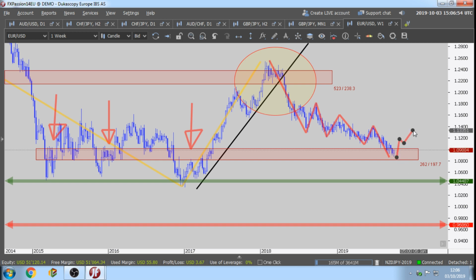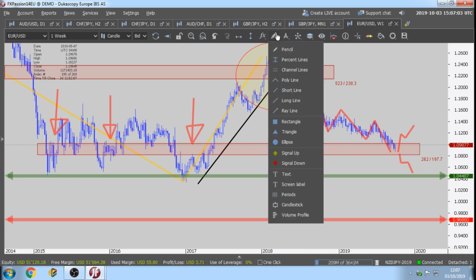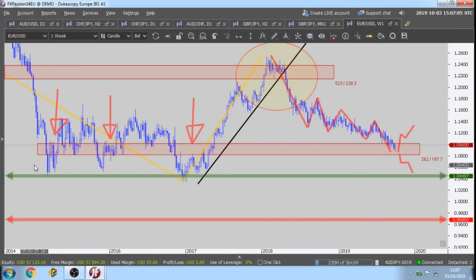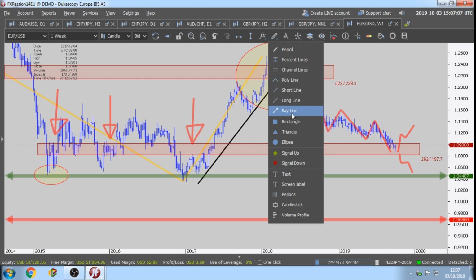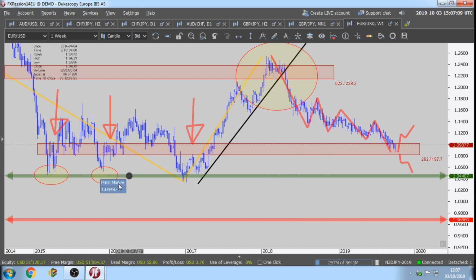So the market can go up, right? Tomorrow the market is going to go up, or the market is going to fall. If it's going to fall, be careful down here. This is strong support, support, support. See the market? Support.